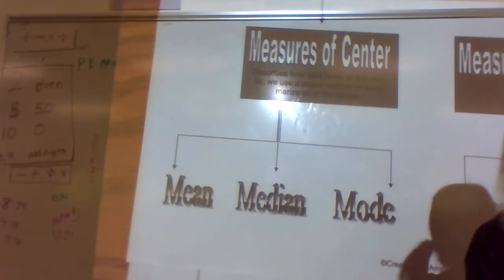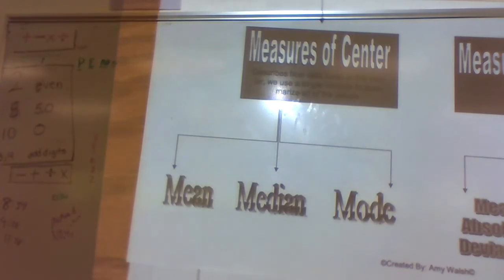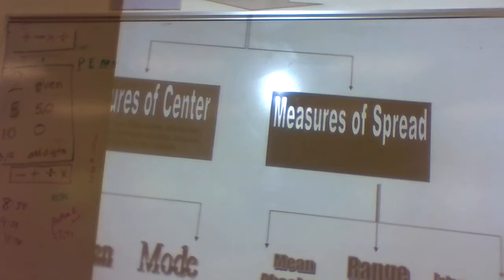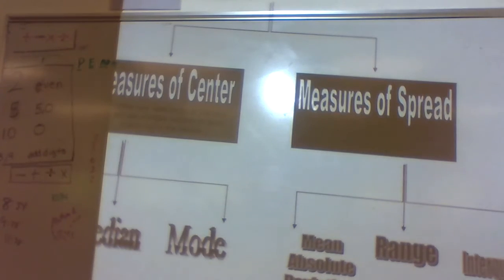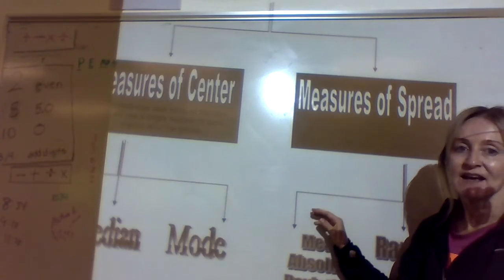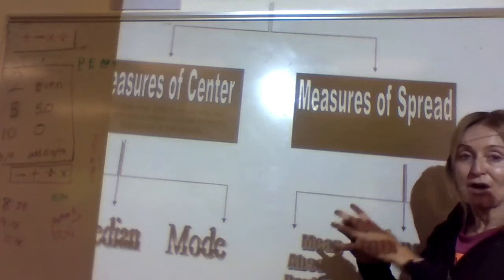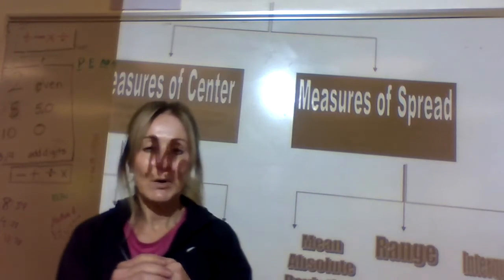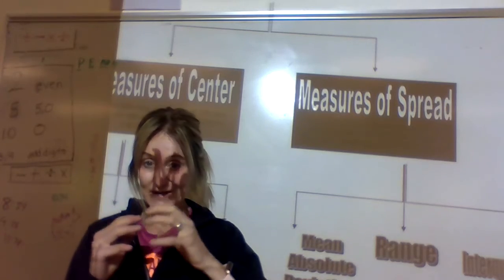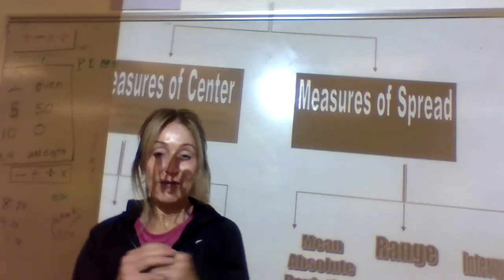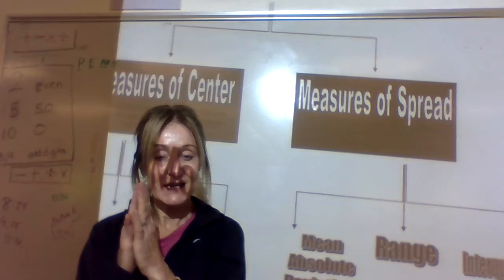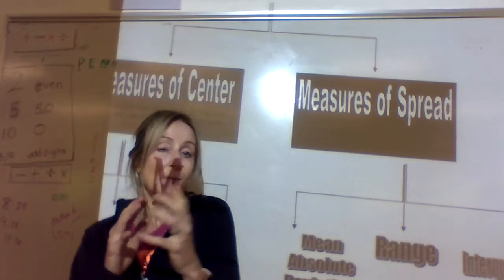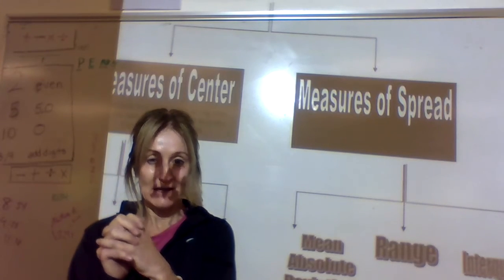The mean absolute deviation is telling us how far apart our data is. So we want to know, is most of our data far away from our middle, our mean, or is most of our data pretty close to our mean?